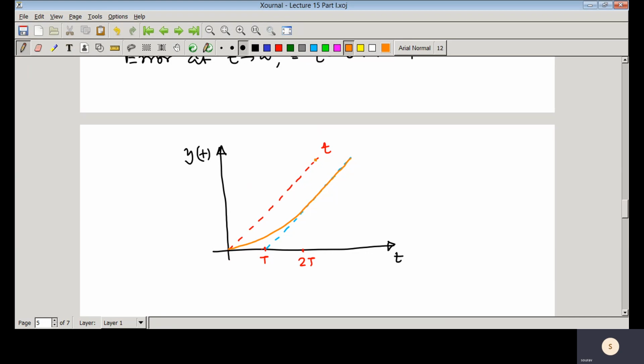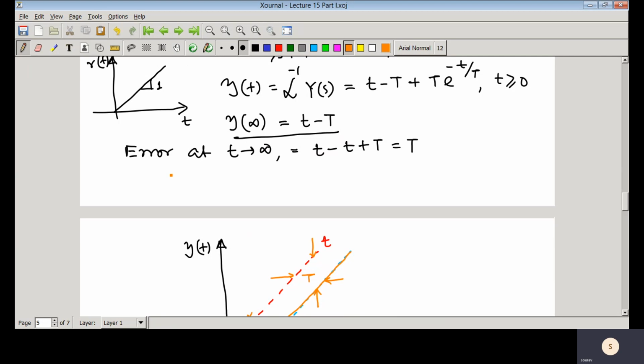And here when t tending to infinity, this particular difference is T, as well as if you take the perpendicular difference, that means if you take any point here, this distance also would be equal to T. The reason is you can see the slope here 1 and here also the slope 1, and T is the time constant, and we can see here that error when t tending to infinity, the error is T.